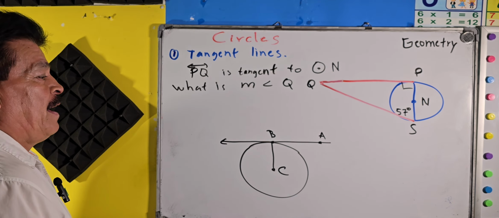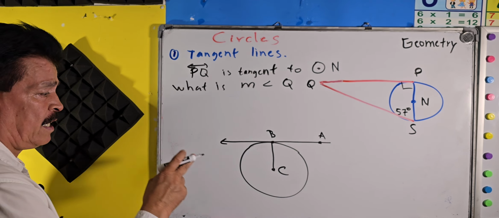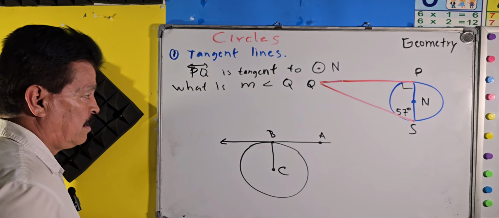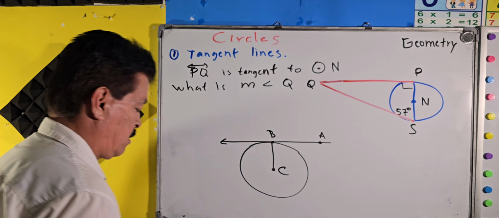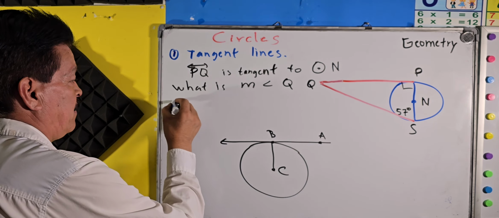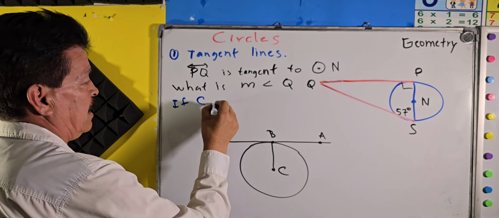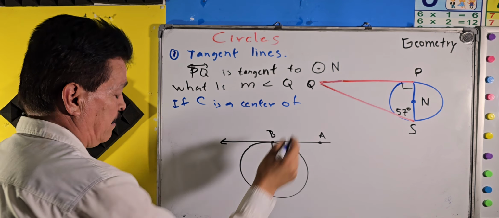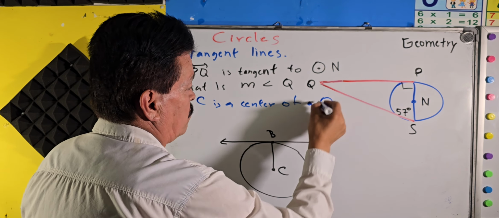What I mean by this, for instance, let me use another color. If C is the center of a circle, right?